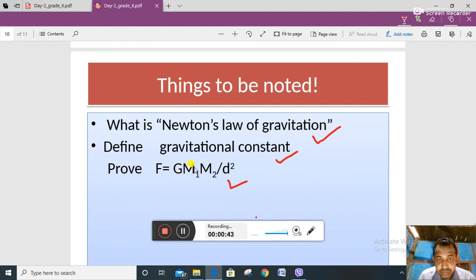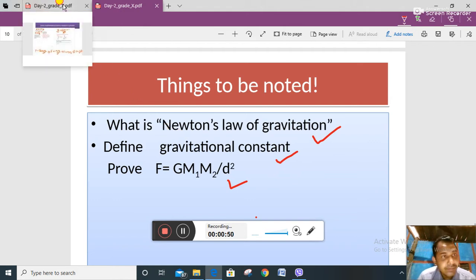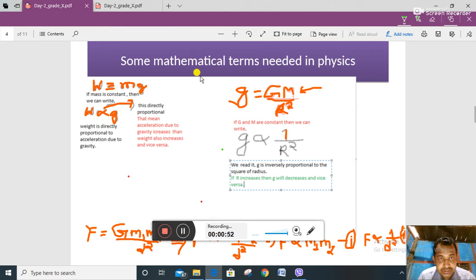Now before learning Newton's law of gravitation, let us be familiarized with some mathematics and mathematical terms needed in physics. Here is one equation: W equals mg. You know W is weight. Now to change this equals sign into a directly proportional or inversely proportional sign, you should remove the constant.